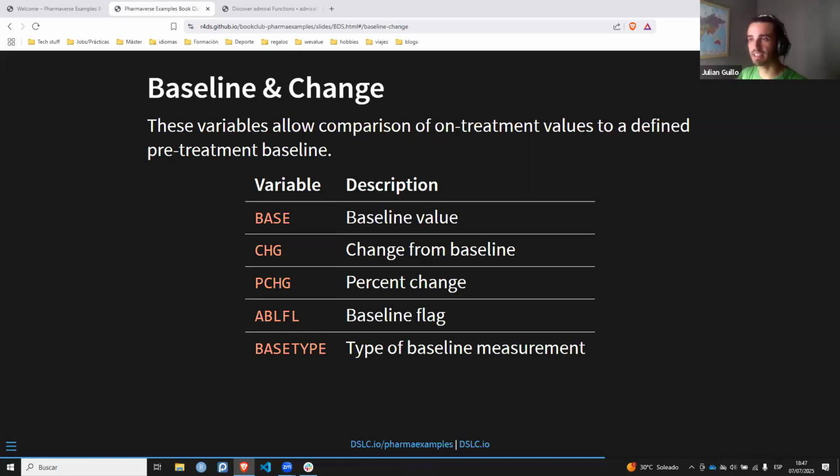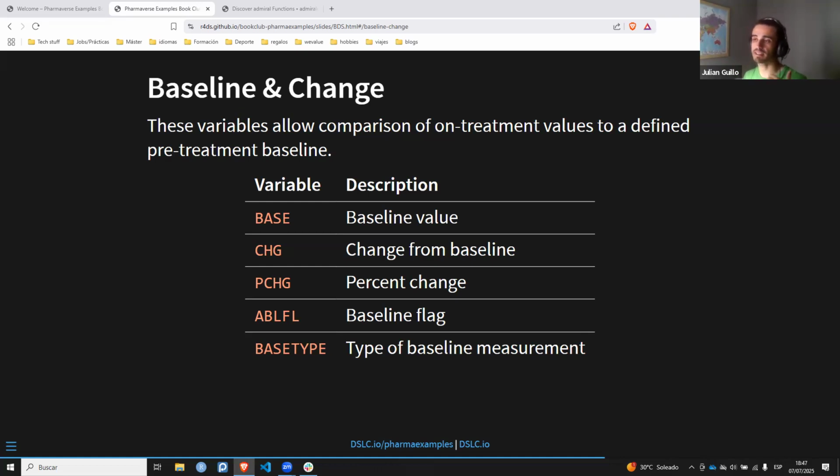And then we have also baseline and change variables, and they allow us to compare on-treatment values to some defined pretreatment baseline. So we have the baseline value that we are going to compare with.